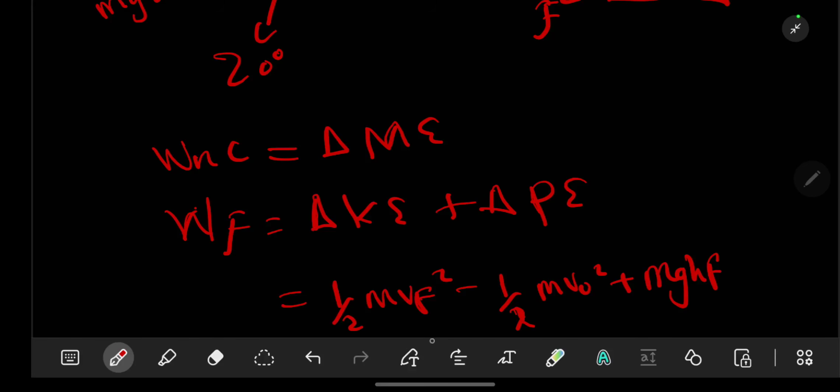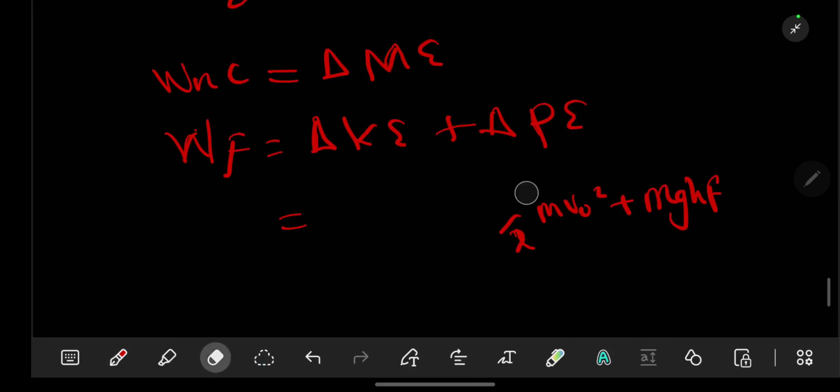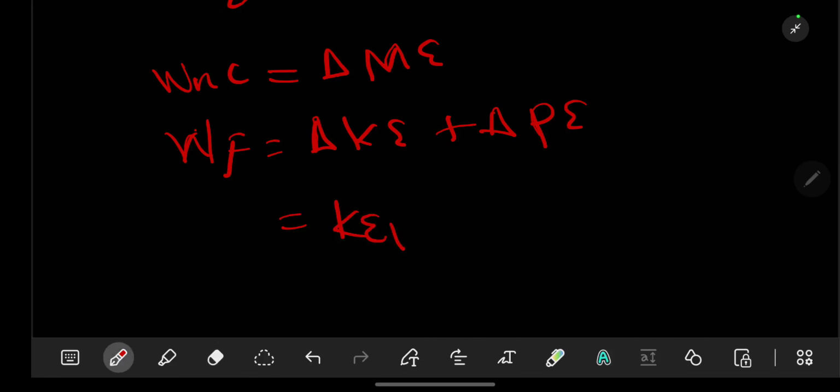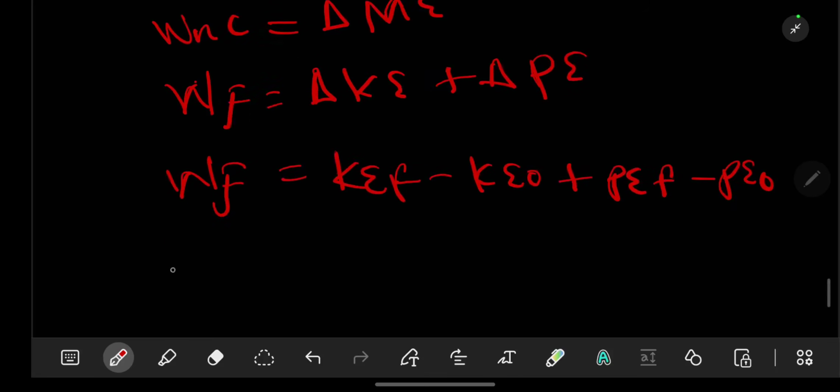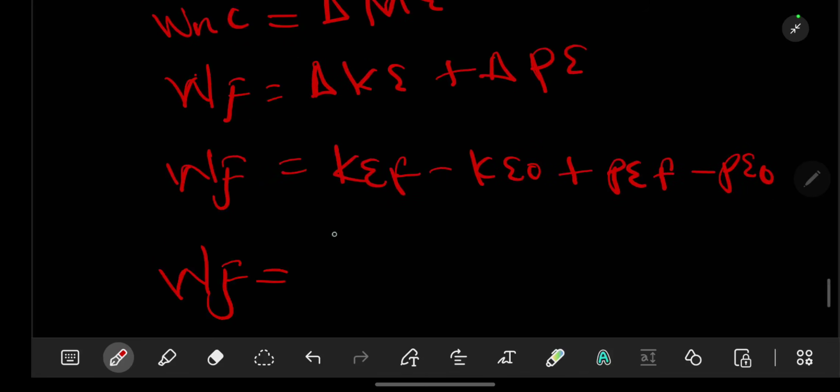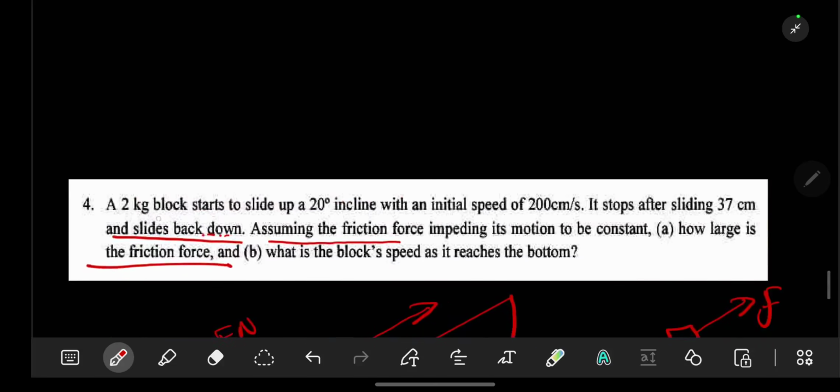Let's eliminate some things before we complicate things. We have kinetic energy final minus kinetic energy initial, plus potential energy final minus potential energy initial, which gives us the work done by friction. Remember it starts to slide up with an initial speed of 200 centimeters per second, and it stops after 37 centimeters.